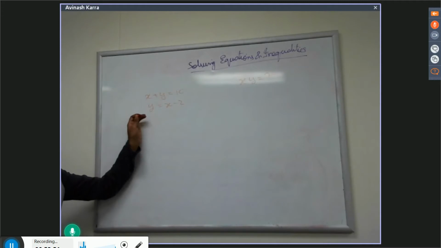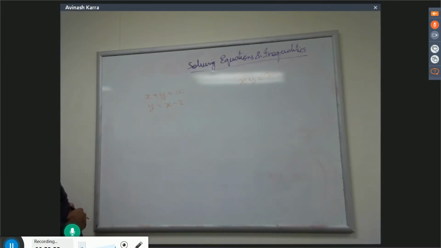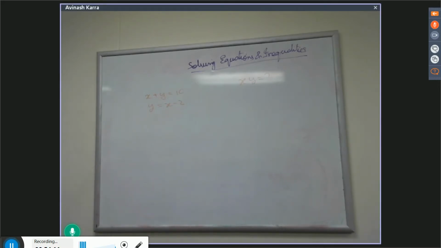Do you guys know how to do this? Yes. Wait, so you solve x and then y and then multiply them together? Exactly. First you find the value of x, then find the value of y, and then find the product.